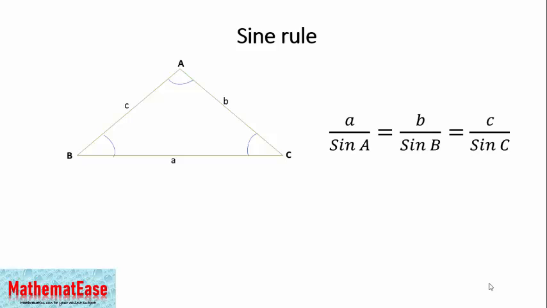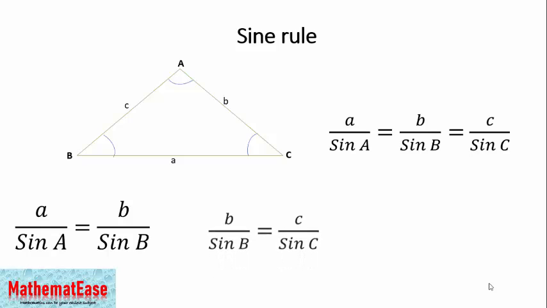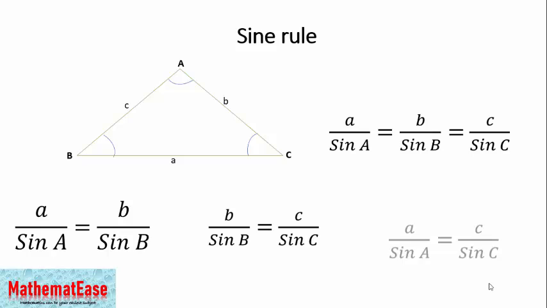But you cannot use the three together at the same time. You can only use either a over sine A is equal to b over sine B, or b over sine B is equal to c over sine C, or a over sine A is equal to c over sine C. Anytime they ask you a question, it's like you are dealing with 4 parameters: a, sine A, b, sine B. You will have only one unknown at a time.